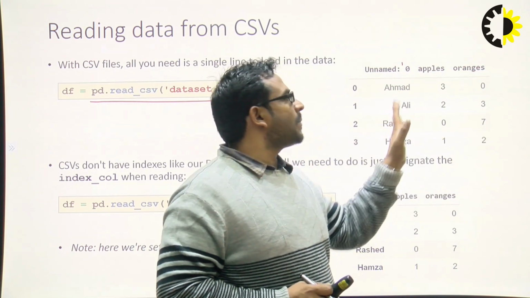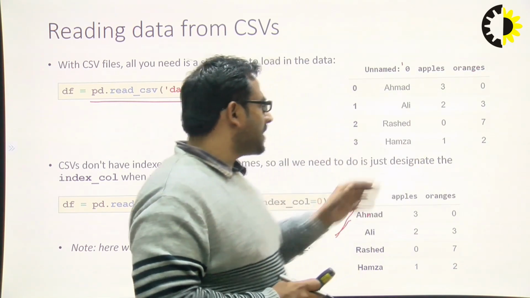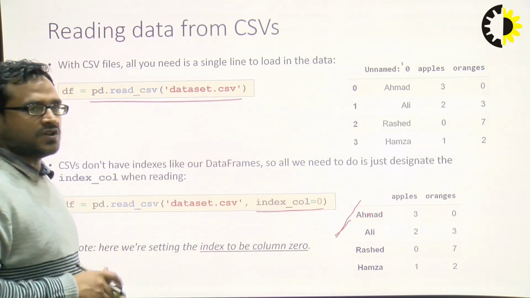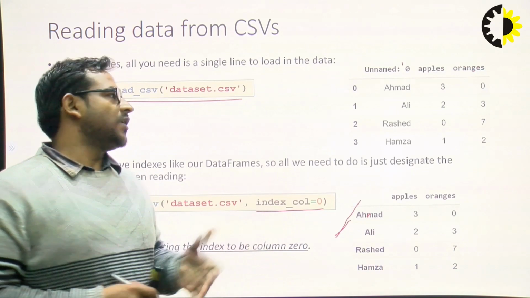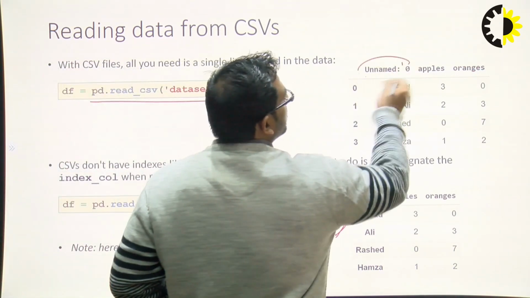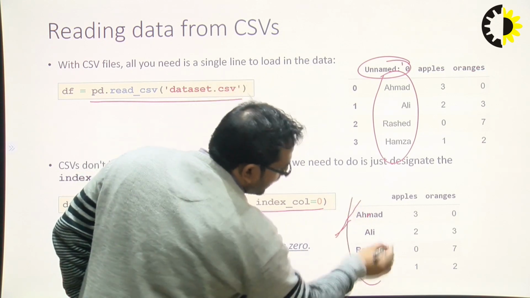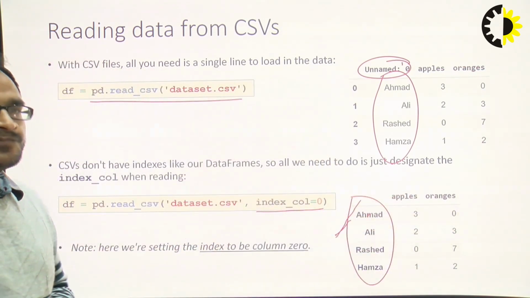But this is not a part of the data. It is basically an index, right? So what I am doing here is passing index_col equal to 0. That means column 0 is considered as the index. So when it is indexed, the data looks like this. This is the difference, right?